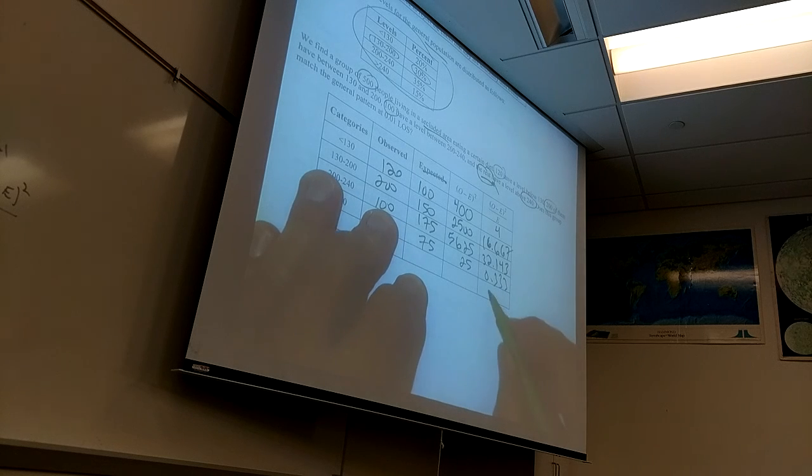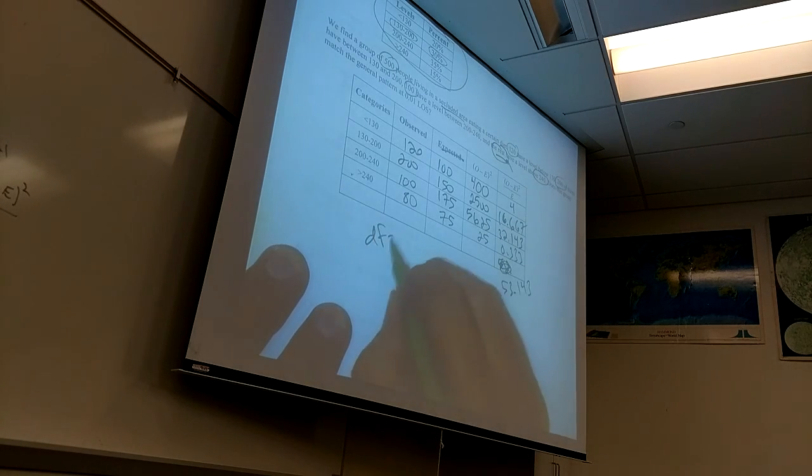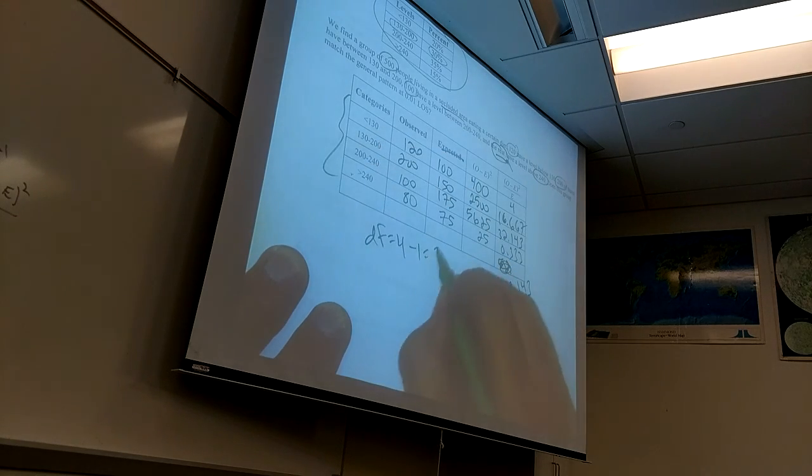What do you guys think? 53, right? 53.143. Sounds pretty big. What's degrees of freedom here? It's 4 categories minus 1, so it's 3. Alpha is 0.01.